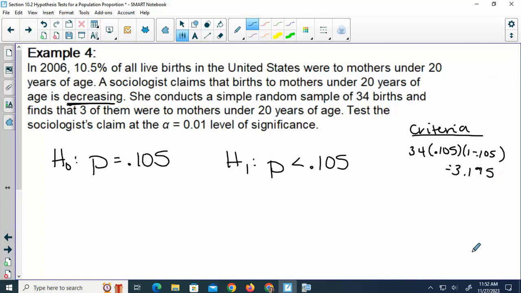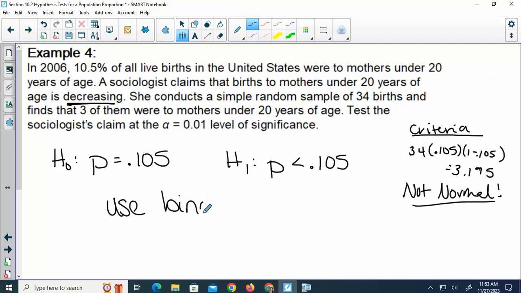Not bigger than 10, so the criteria fails. So that means this is not big enough to be called a normal distribution. Okay, so instead, if we can't treat it as a normal distribution, we have to use the binomial.